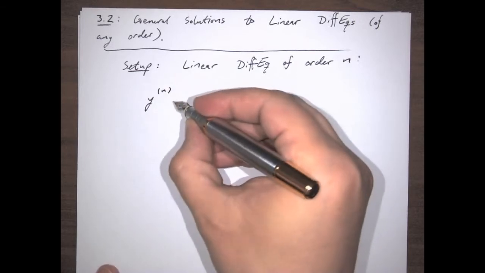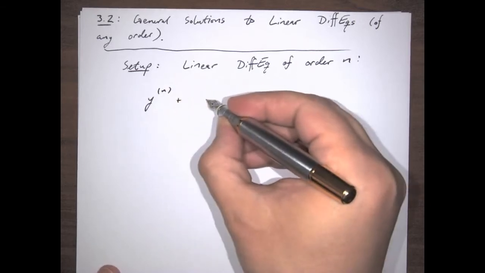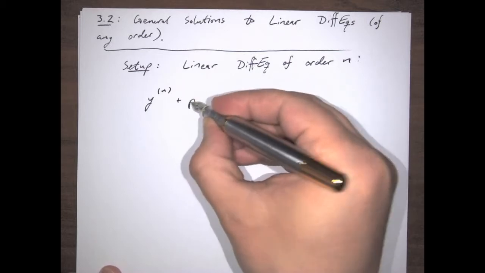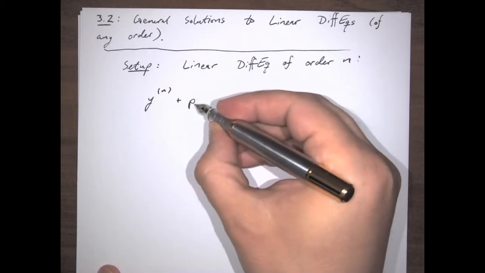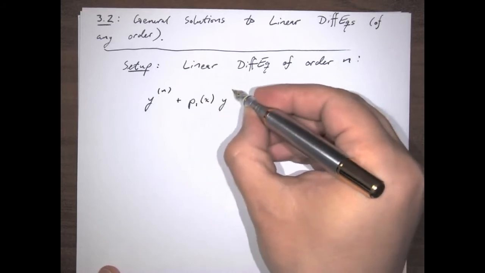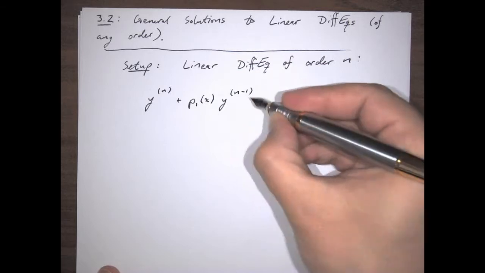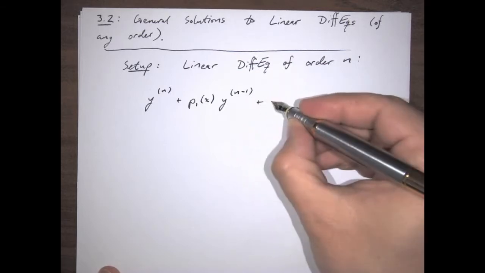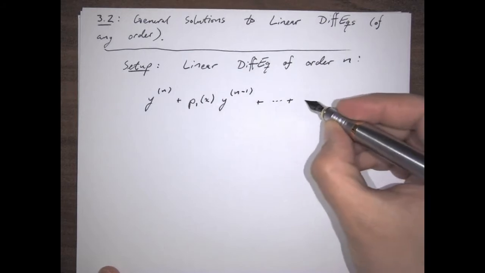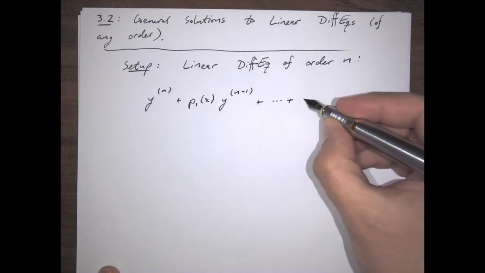So we can say the nth derivative, and then we've also got all the derivatives on down to the 0th derivative, and there are functions such as p1 of x times the (n minus 1)th derivative, plus, until we get down to the last term in this sequence.